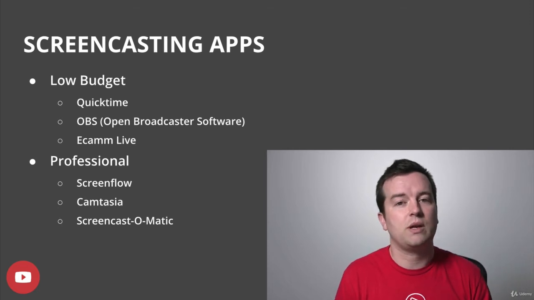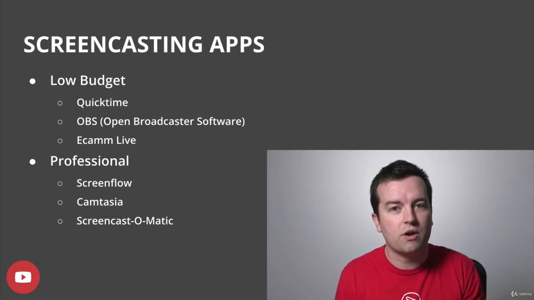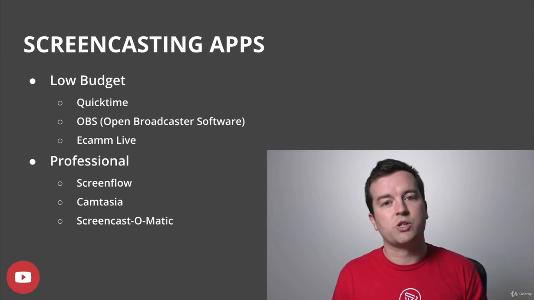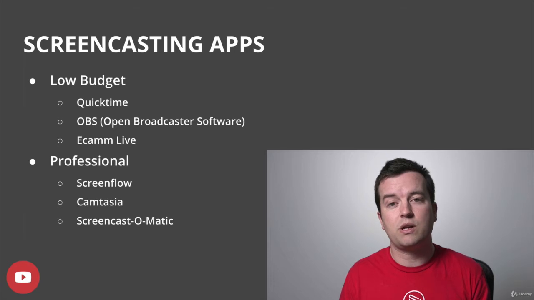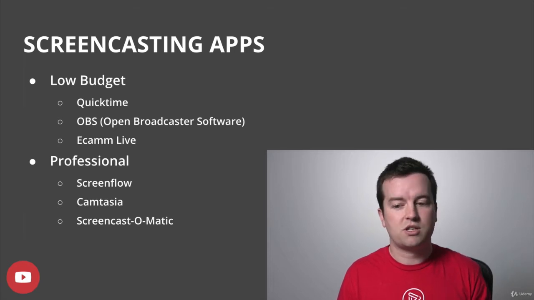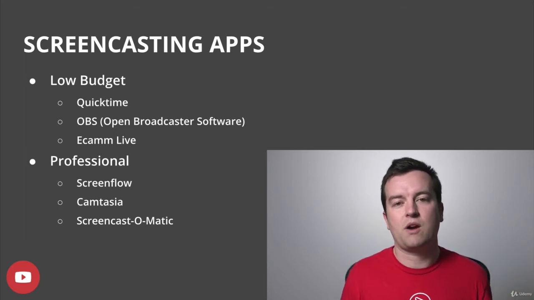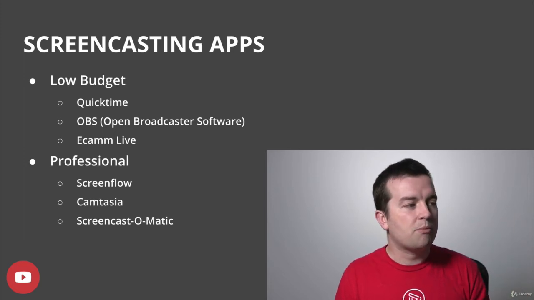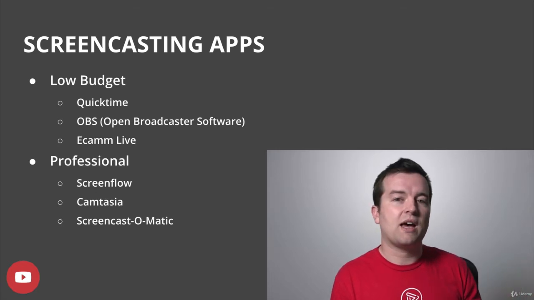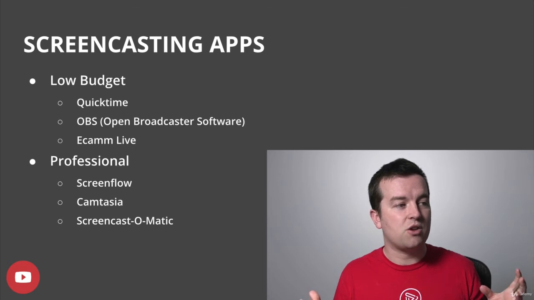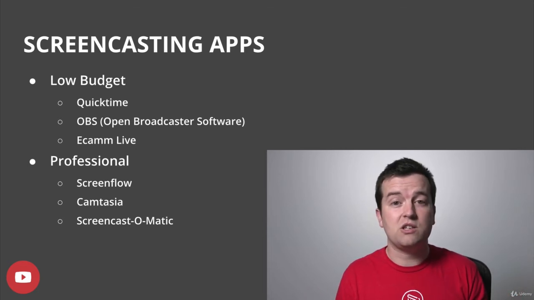With just screencasting though, if you're trying to record your screen, on a Mac you can use something like QuickTime Player, which has a built-in screen recording option, which is completely free. You can even record from your webcam, but that's all you can do. You can't really edit with it. Open Broadcaster Software, OBS, is a free app that you can install for both Mac and PC users.